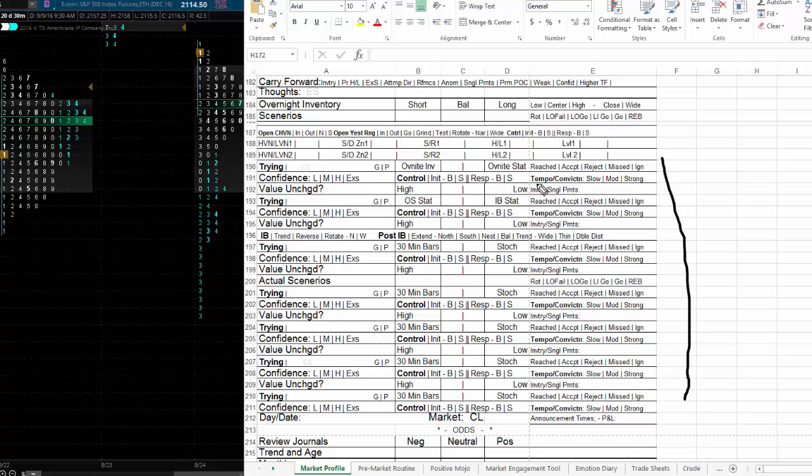If tempo is slow and conviction is not that strong, then I may be playing an outside-in day. If it's responsive, I may be playing an outside-in day. If it's initiative and strong, I may be playing an inside-out day.